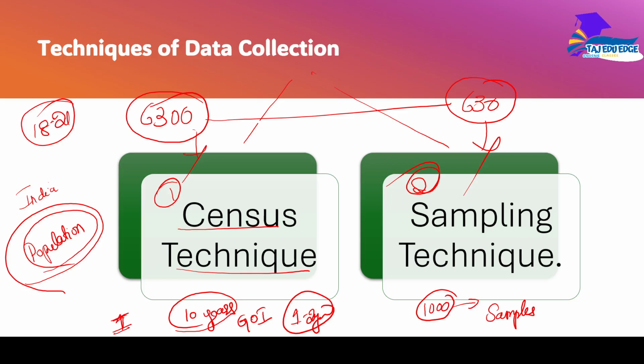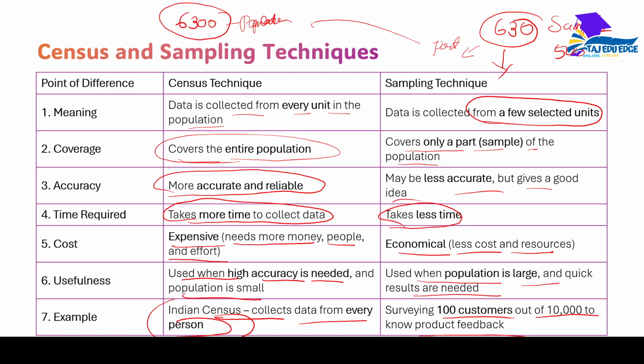What would you write? Sample is a part of population. It covers only some part of the population. It is less accurate and it takes less time to collect the data. That is how you can write the meaning.